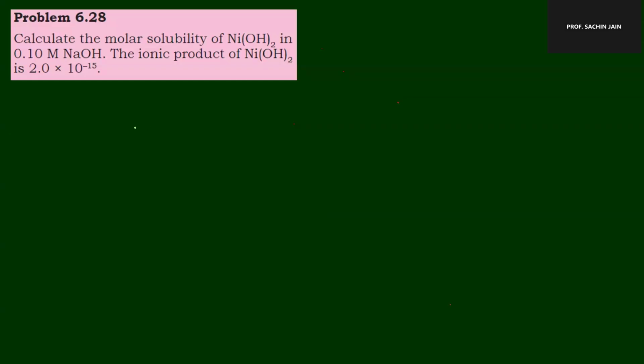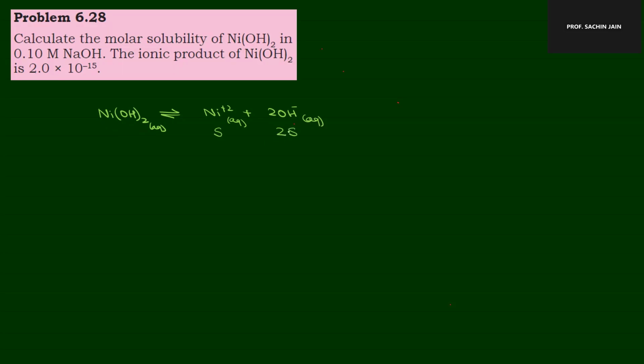Now, the effect over here to be used is common ion effect. Ni(OH)2, when dissolved in water, would give you Ni2 plus and 2OH minus. ठीक है, so being a sparingly soluble salt, अगर इसका solubility S है, then the OH minus solubility will be 2S.